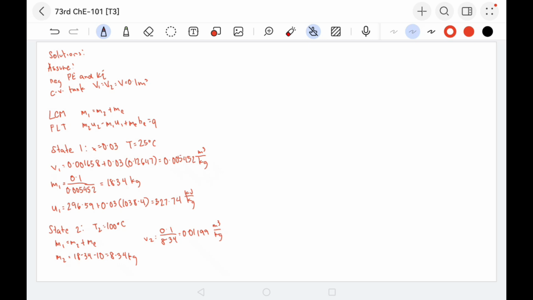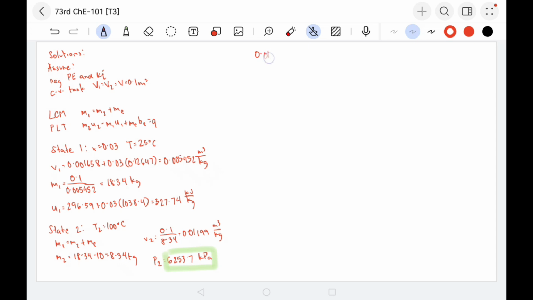And if we look at the values at 100 degrees Celsius, we will know that state 2 is a saturated mixture. And since it is a saturated mixture, we know that pressure, or P2, would now be 6,253.7 kilopascals, which is one of our required. And since we now know it is a saturated mixture, we can compute for the quality using our quality formula.